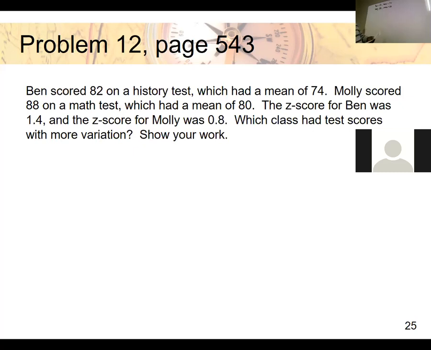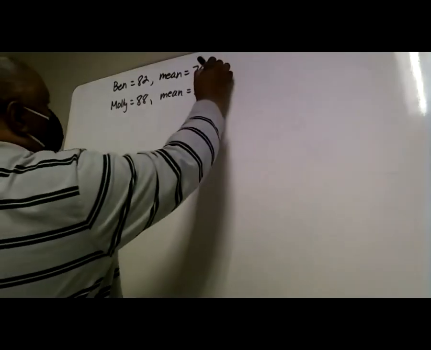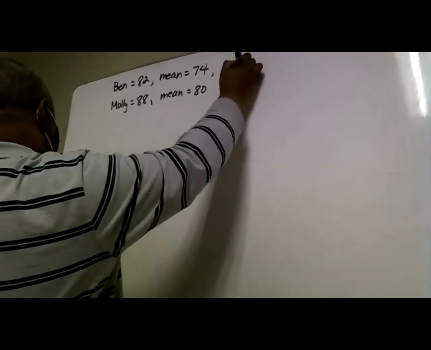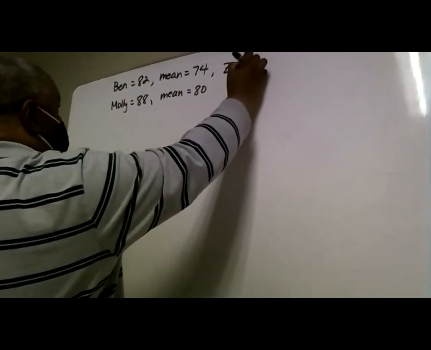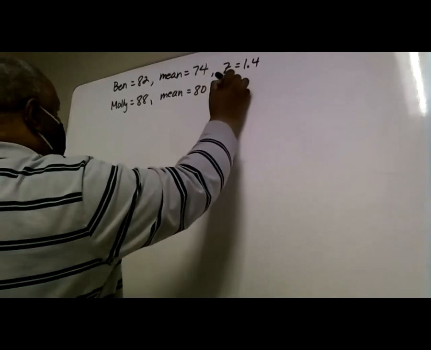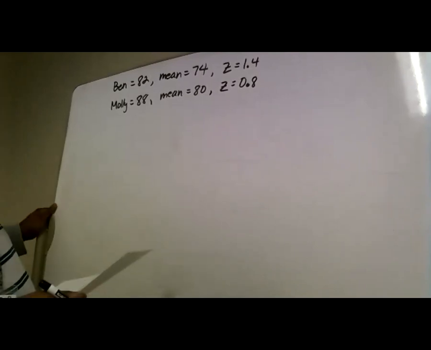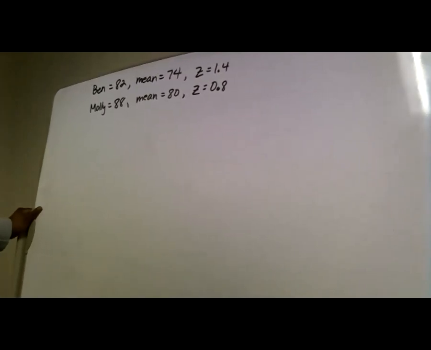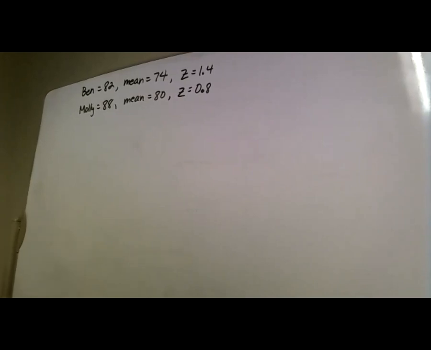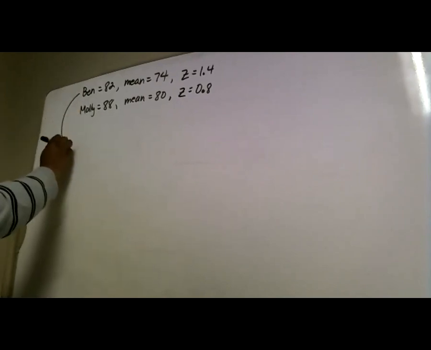The z-score for Ben, I'm going to say z is equal to 1.4, and the z-score for Molly was 0.8. So now we need to find out what the standard deviation is for each one of these. I'm going to start with Ben's score.